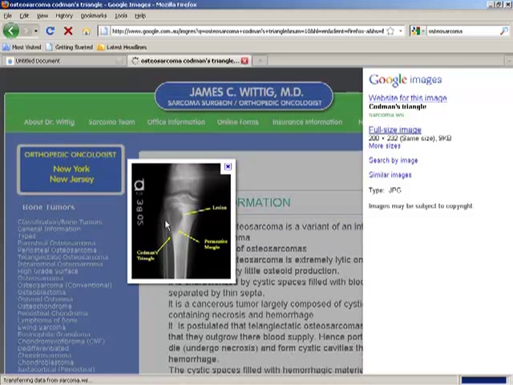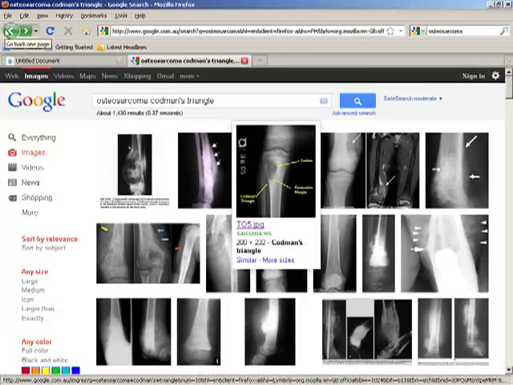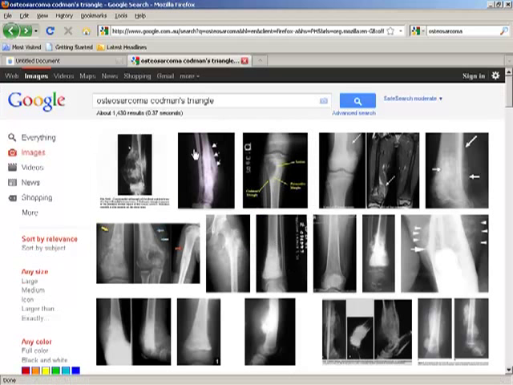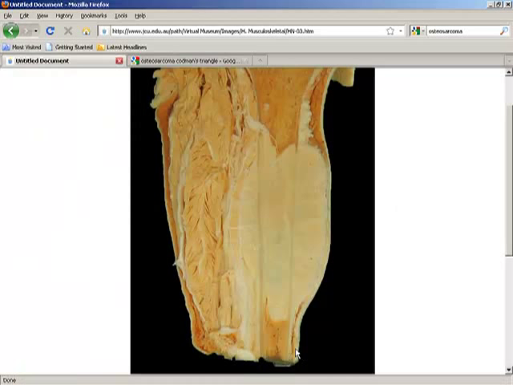Okay, see, that's the area of the Codman triangle. Now, what I am trying to show is the tumor here, and that's the tumor, through and through infiltrating.